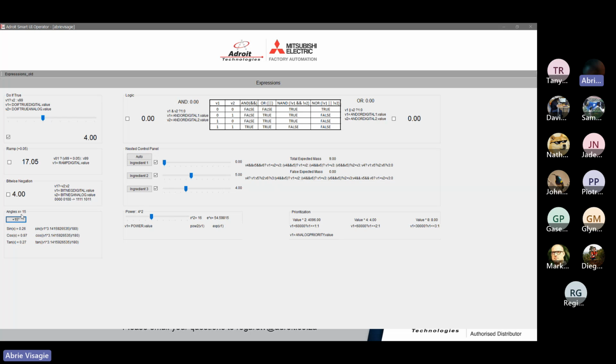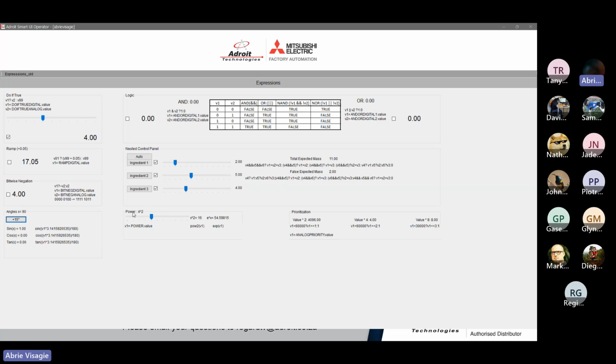As we toggle the value and we increase it bit by bit, we can see that we are currently reading for a sine value of 30 degrees that we will expect a value of 0.5. And as we keep increasing them, we can see that we have calculated our trigonometric values using Adroit expressions.